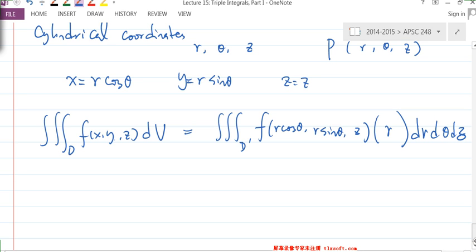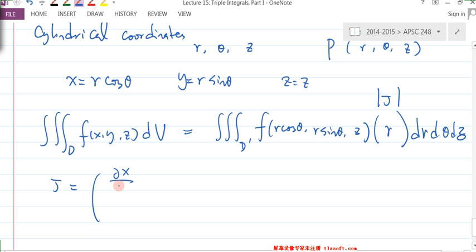Just to reinforce the Jacobian idea here. What's the Jacobian? It's going to be the determinant of the Jacobian matrix there. And in this particular case, the Jacobian we're looking for is this matrix.